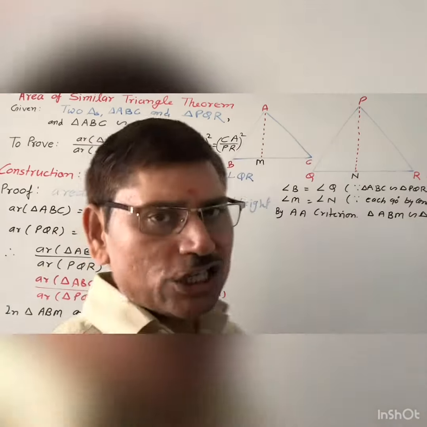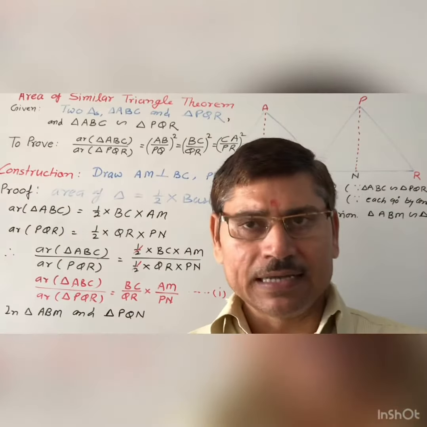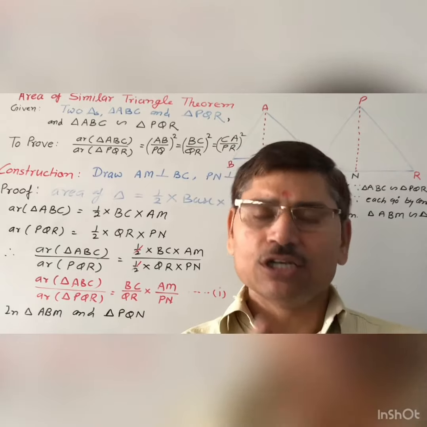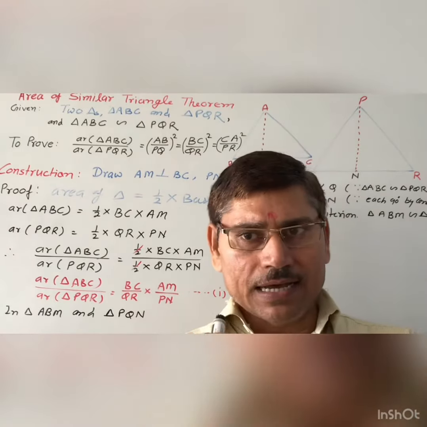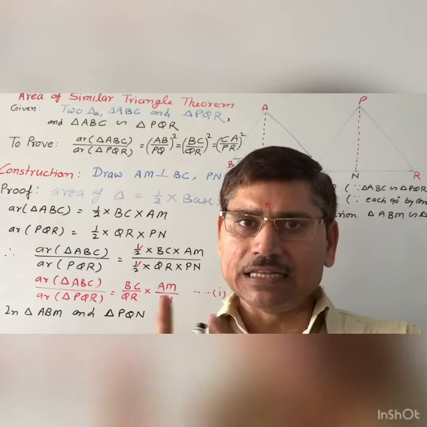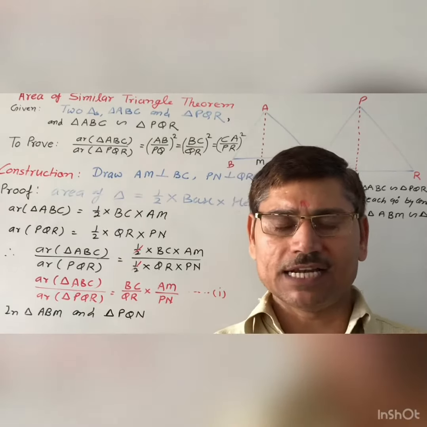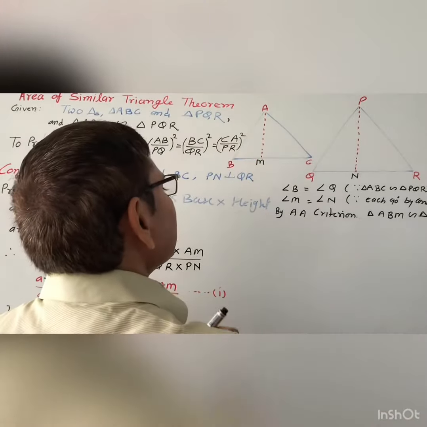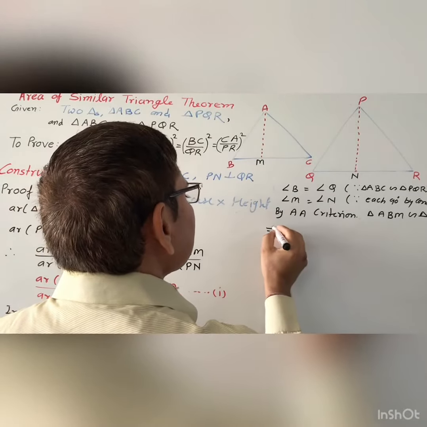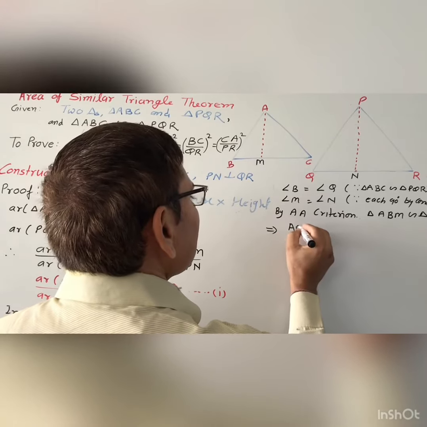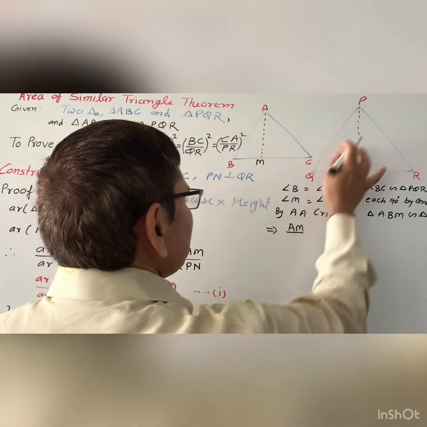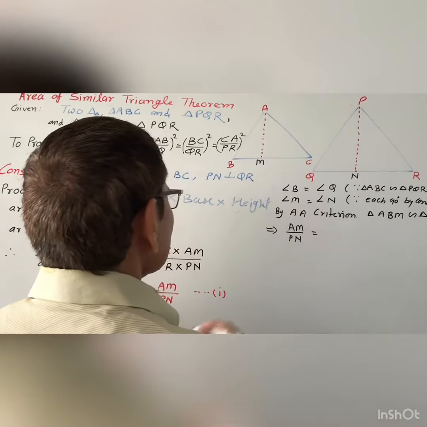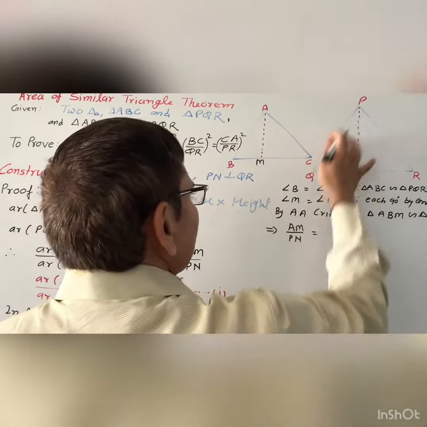Okay, if these two triangles are similar, then according to the definition of similarity, their sides are proportional. So we will write here, then we will get AM upon PN, corresponding side, equal to AB upon PQ.